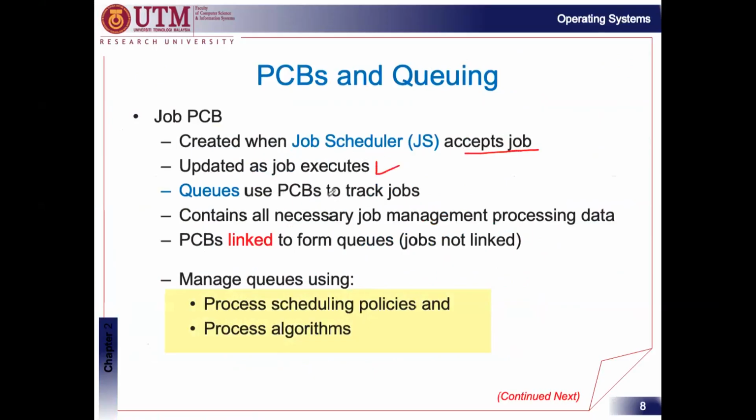The queue uses the PCB to track a job, which is very important, and it contains all necessary job management processing data. PCBs link to form the queue. So we manage the queue using scheduling policies and also some algorithms.